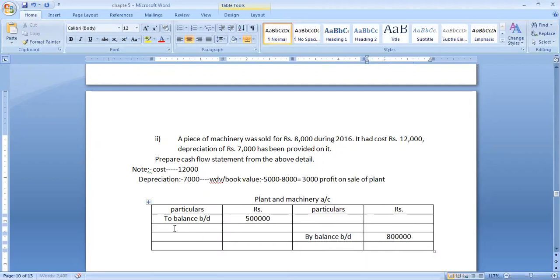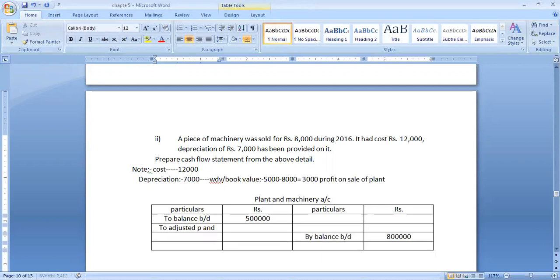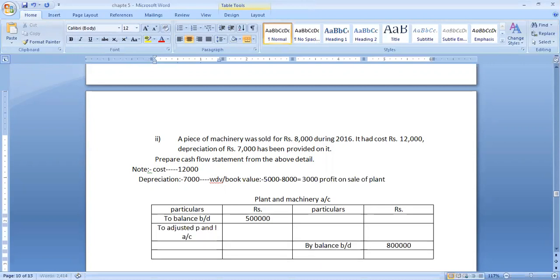There is also profit which is earned on it. So make it as to adjusted profit on sale of plant, or it is taken as to adjusted P&L account, which is indicating the profit.